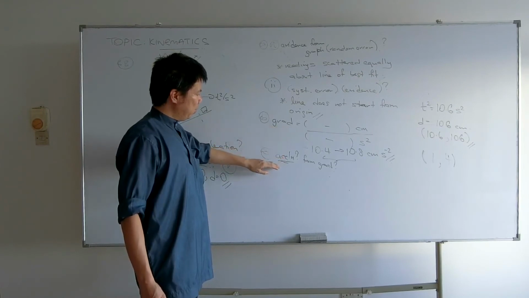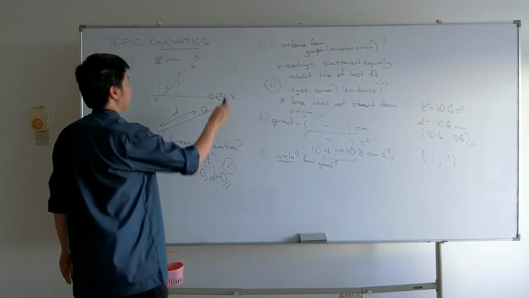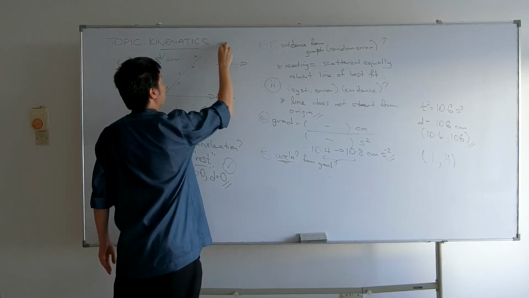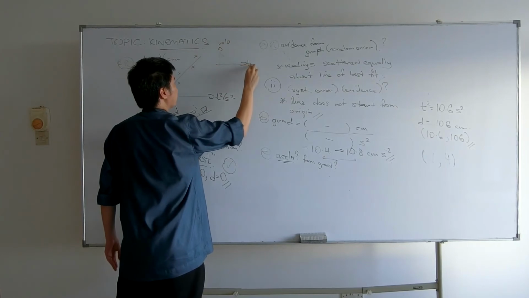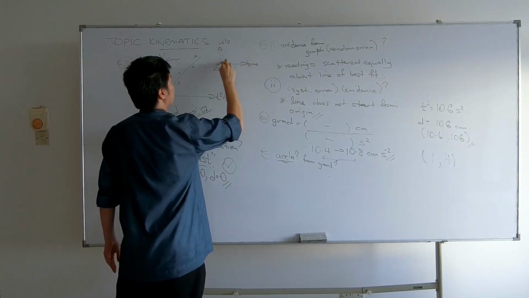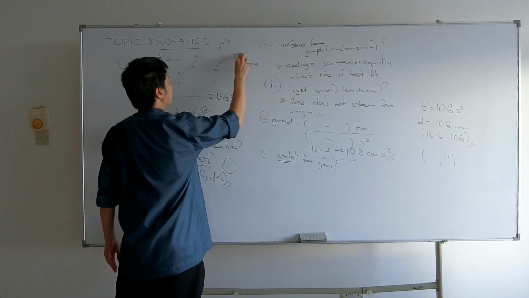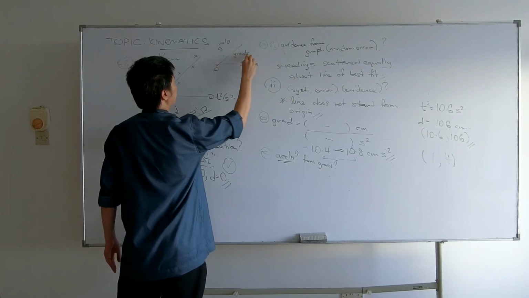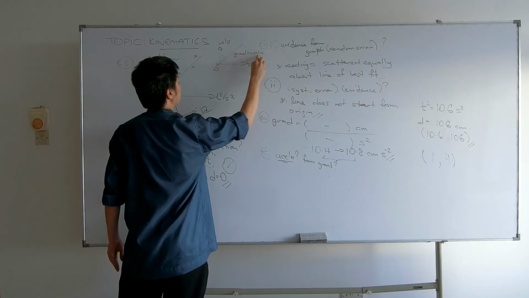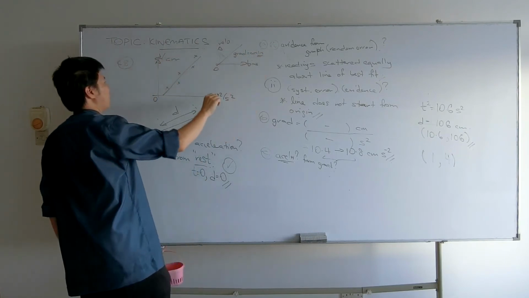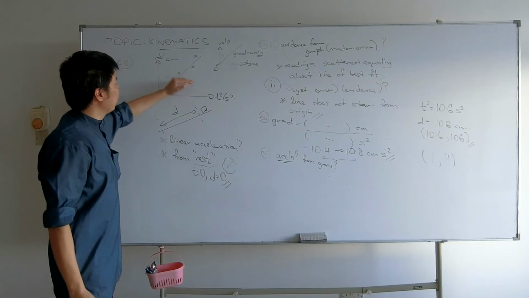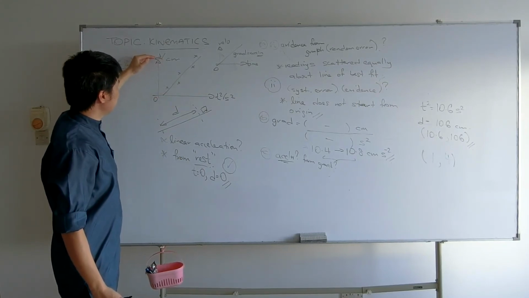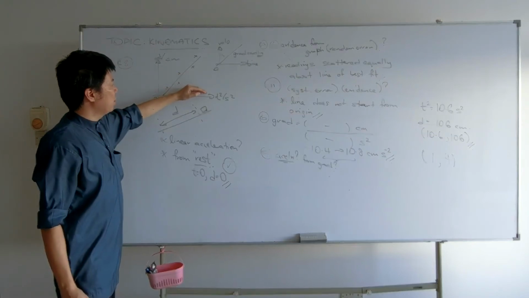When we do a velocity time graph, you will recall that the gradient of a velocity time graph will give you acceleration. But problem, this is not a velocity time graph. This is a distance graph against time squared. So how do we do it?